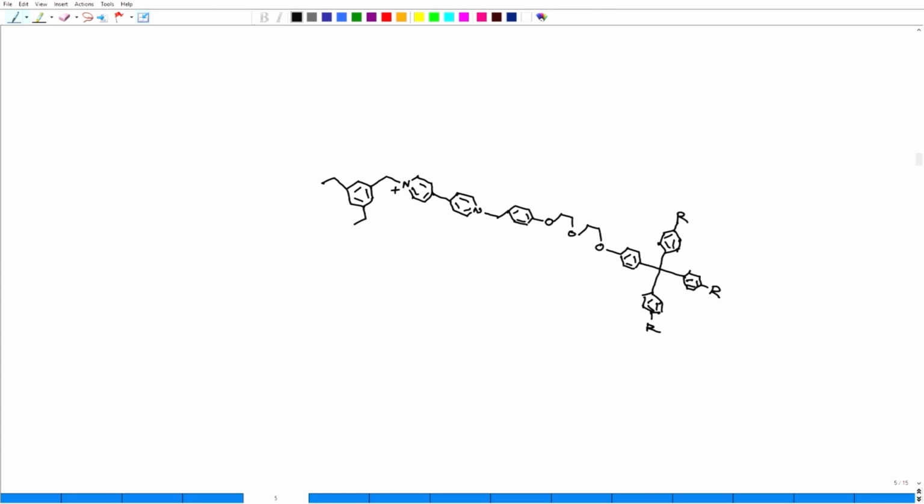No, I messed it up. You have tertiary butyl here. Similarly, you have here, you have here. Same thing, and you had that particular macrocycle.